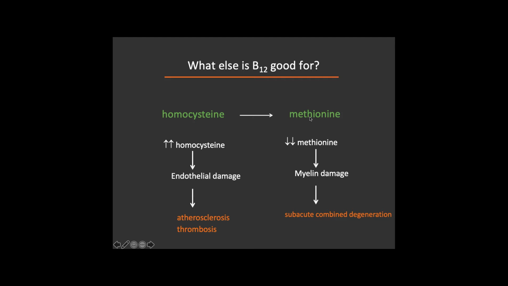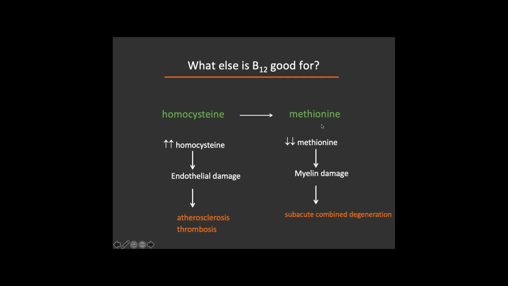And in order for vitamin B12 to do the conversion, it has to be a form called methylated vitamin B12 or methylcobalamin. Now, in order for vitamin B12 to be methylated, you have to have folate. So folate, which is vitamin B9, has to produce the methylation of vitamin B12, which then converts homocysteine into methionine.